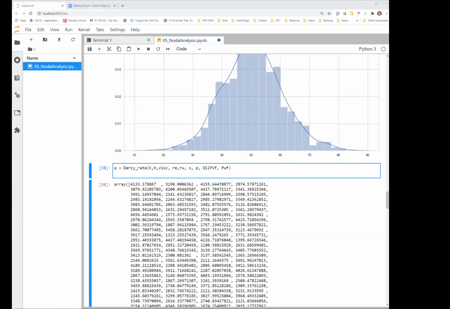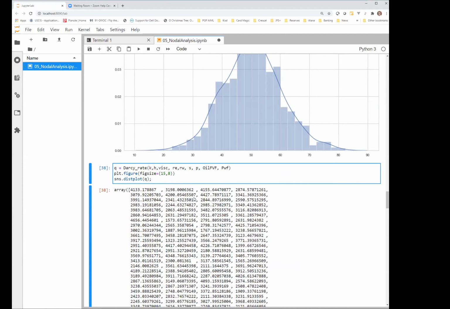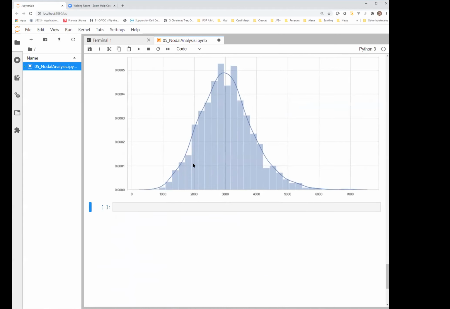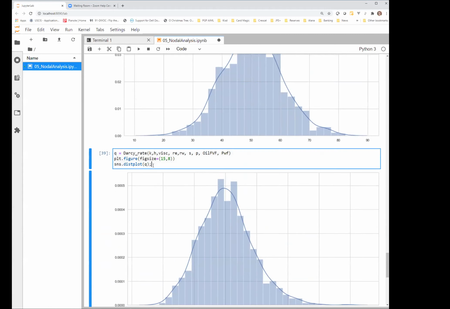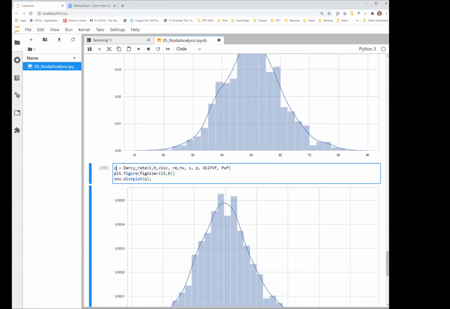Let's plot this in a much nicer way. So we have rates. Nice, no? So now I know that's the possible distribution of my solutions on rates.